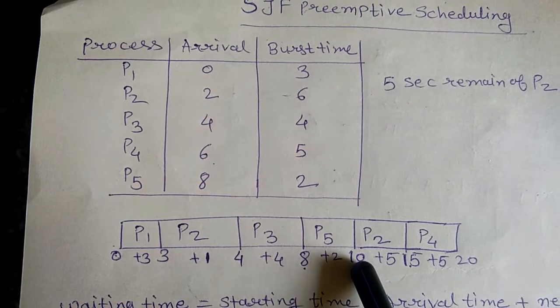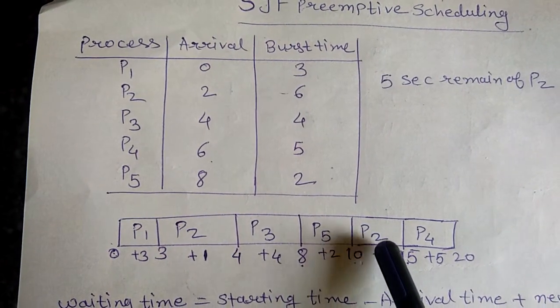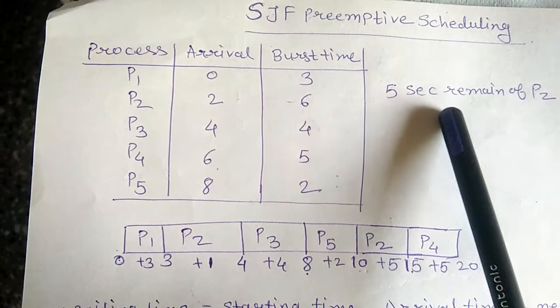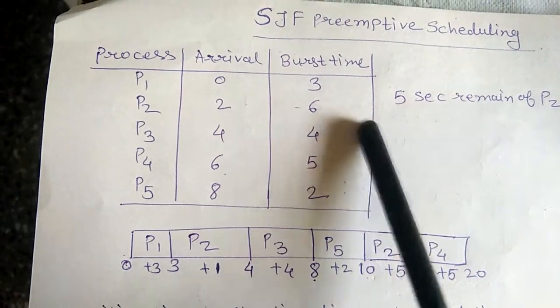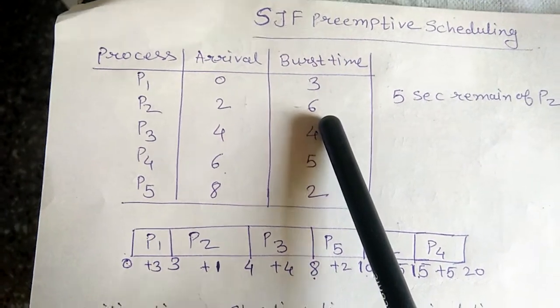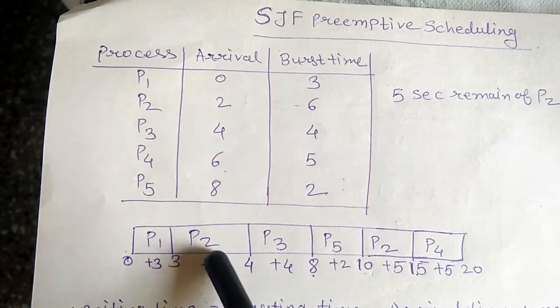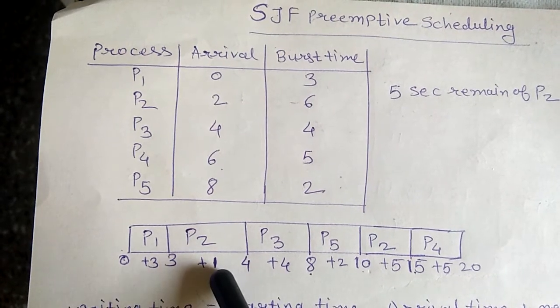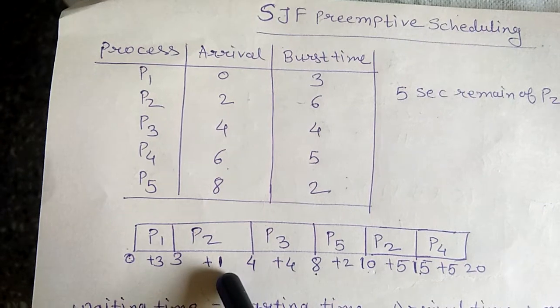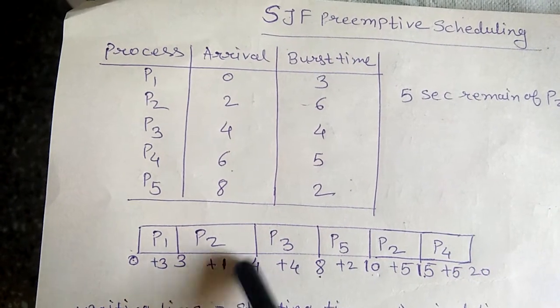So at the 10th second, the process P2 has resumed itself, because 5 seconds are remaining for process P2. The burst time of process P2 is 6 seconds. But in the early stage, process P2 couldn't complete its execution. It has completed only 1 second.